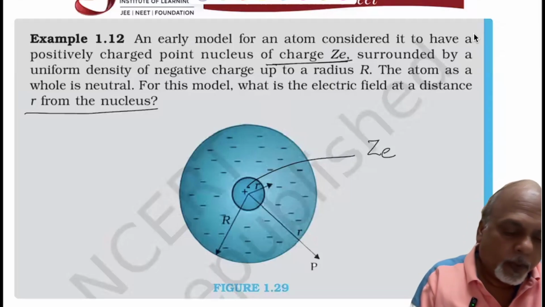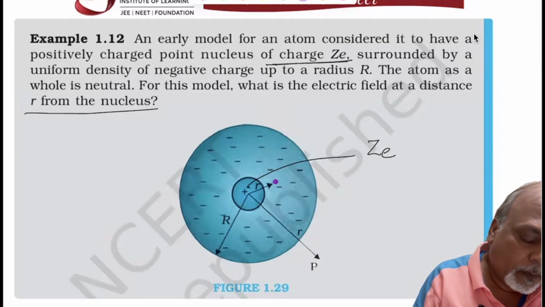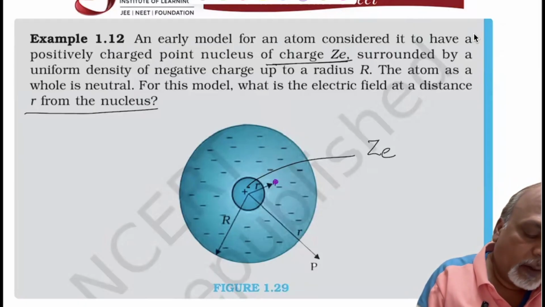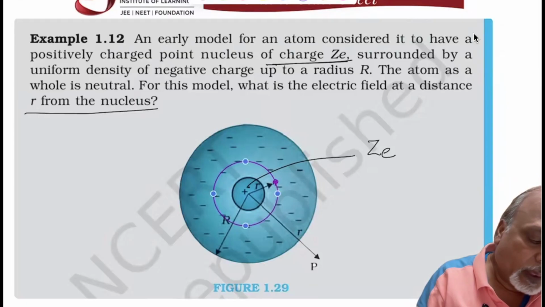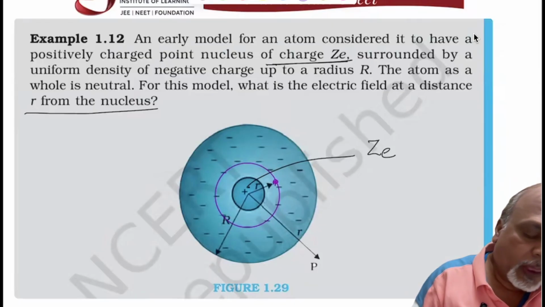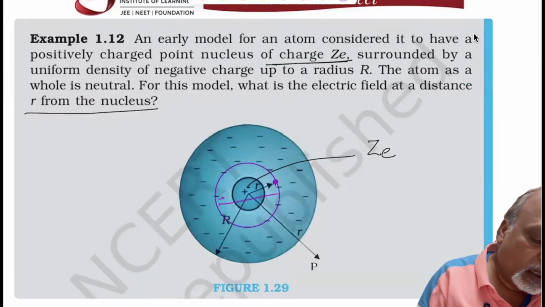First of all, suppose we take this point at distance r. We have to find out the electric field here, so let us draw a Gaussian surface. Now we have to find out the total charge inside, Q enclosed.